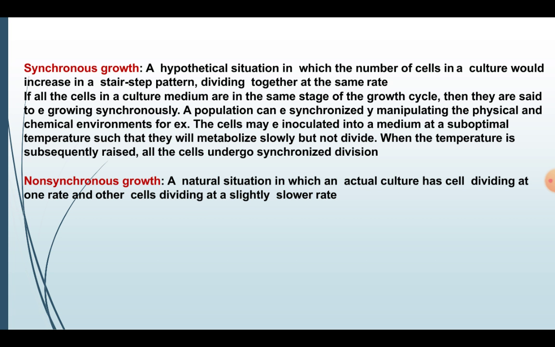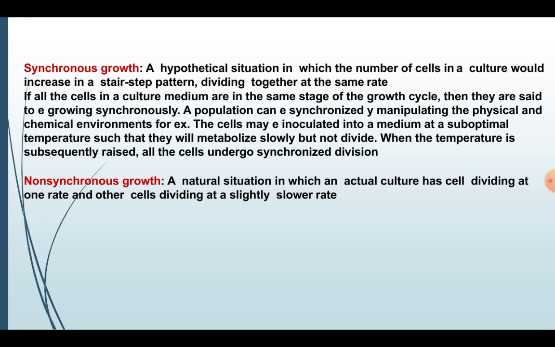A population can be synchronized by manipulating the physical and chemical environments. The cells may be inoculated into a medium at a suboptimal temperature such that they will metabolize slowly but not divide. When the temperature is subsequently raised, all the cells undergo synchronized division.